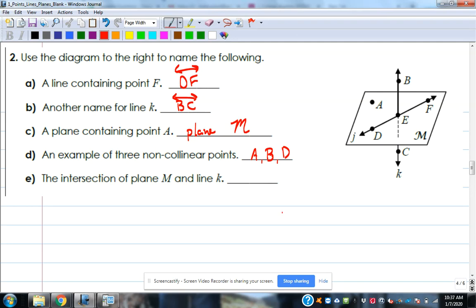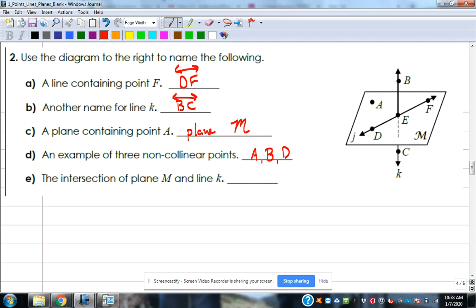Because technically, we could draw a line between A and D, but we could not draw a line through all 3. So we've got to have 3 non-collinear points, because they don't make a straight line. A and E together is collinear, but just any 3 that are not D, E, and F or B, E, and C. Any other 3 would work. Any combination of the three.